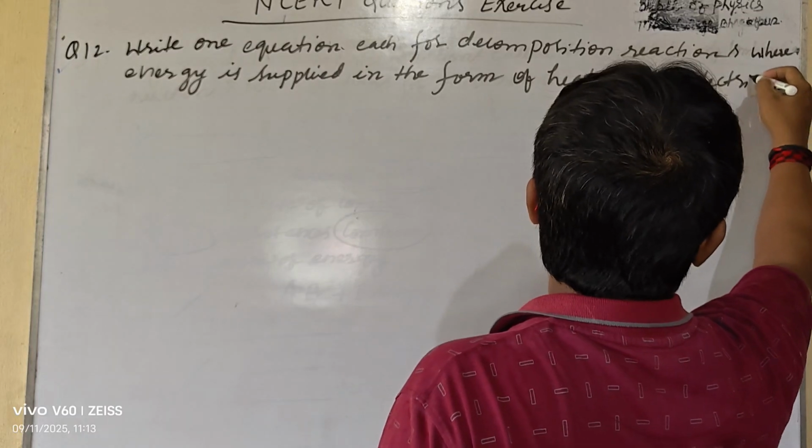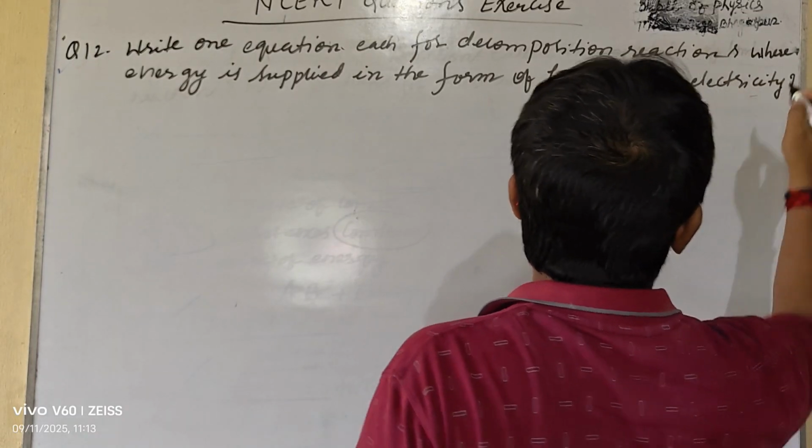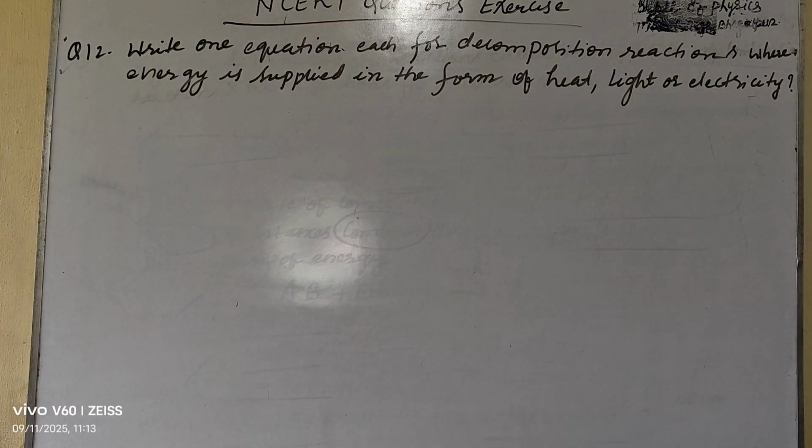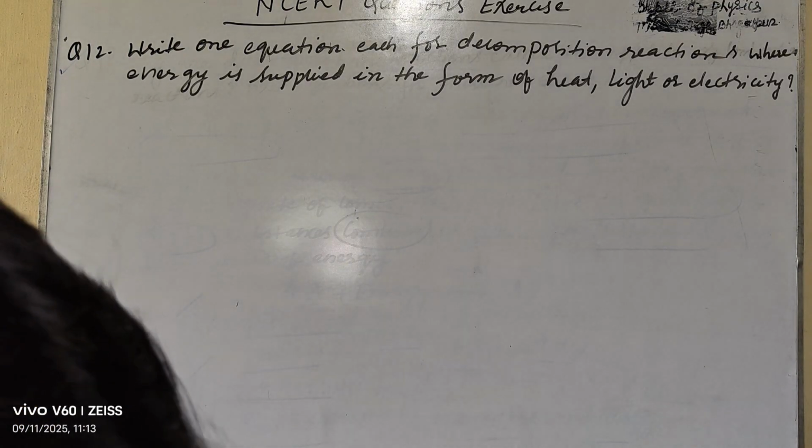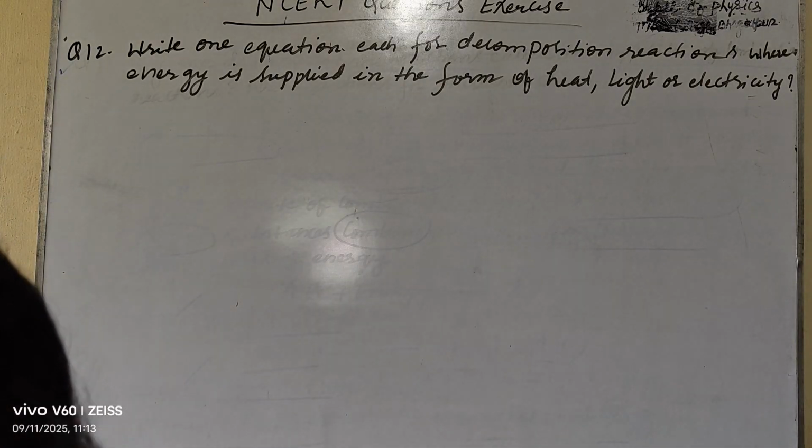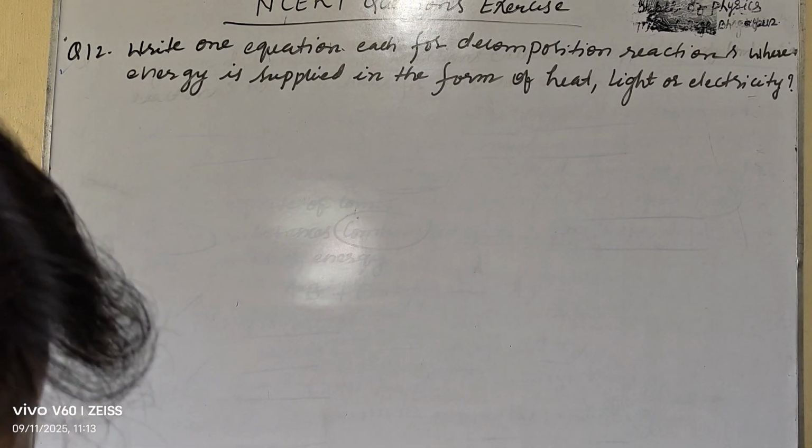So this question is asking us to write down one equation for each decomposition reaction where energy is supplied in the form of heat, light and electricity. Very simple, very easy. We will discuss.